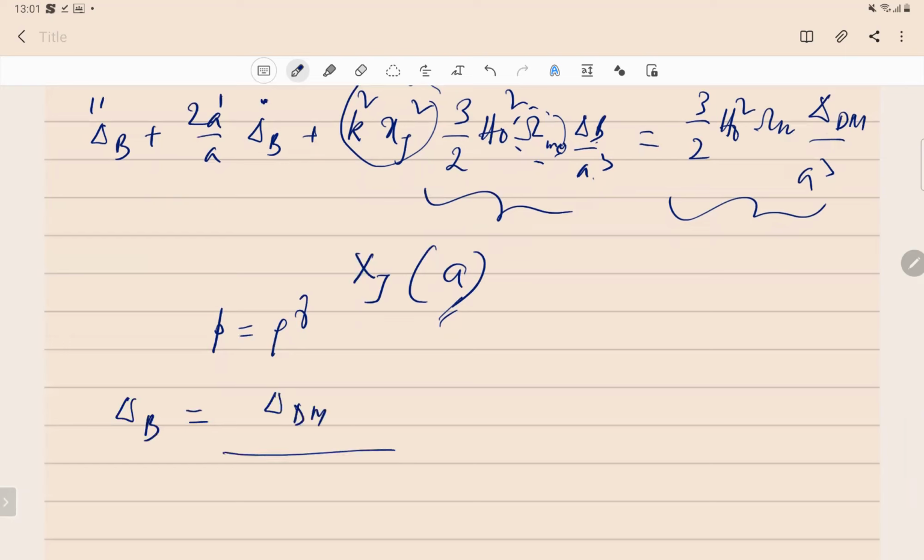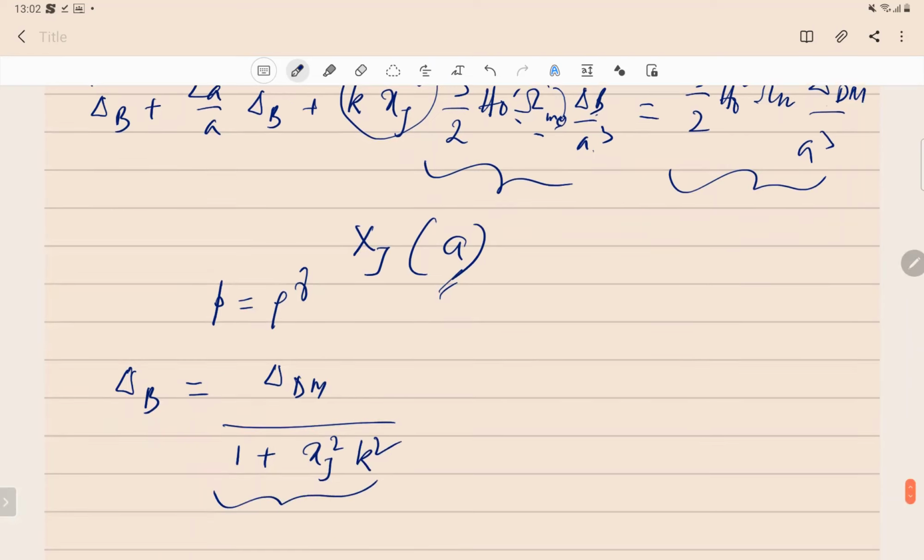This is something which we call biased: the gas follows the over density of dark matter, under this assumption. So this is a solution, and you can actually verify. You can substitute this. The denominator is a constant, right? Because now x_J is a constant for a given k. So if you substitute, what will you get?